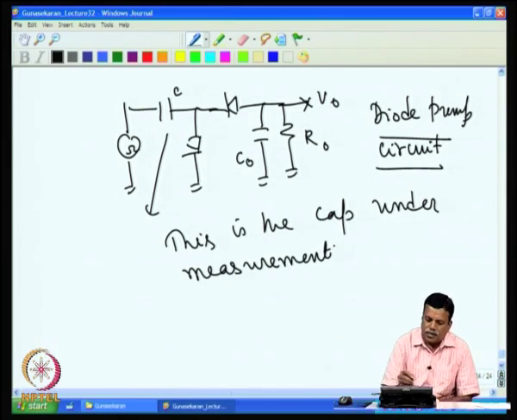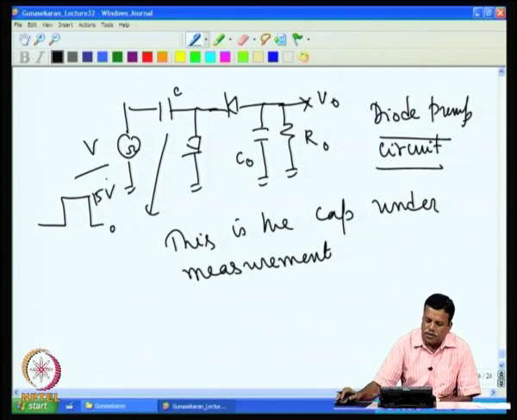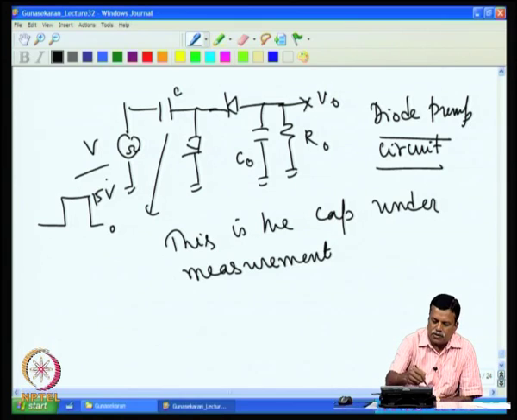Now, in this case, the square wave source of voltage V goes from 0 to say 5 volt or 15 volt. When the source is going positive, it charges up this capacitor, and then when it drops to 0, this capacitor finds a path like this and discharges.